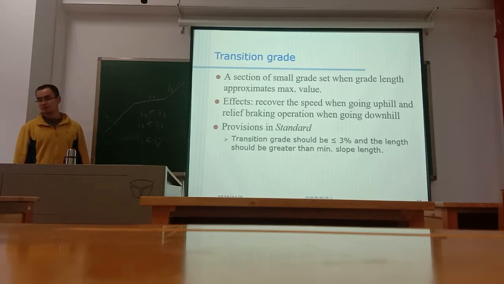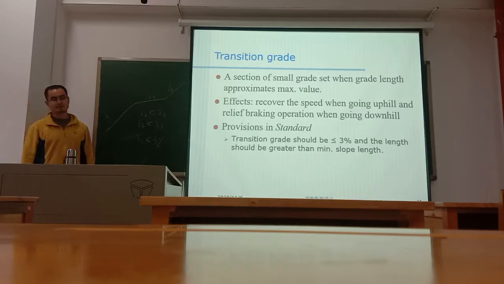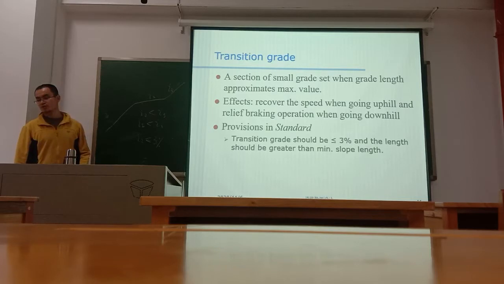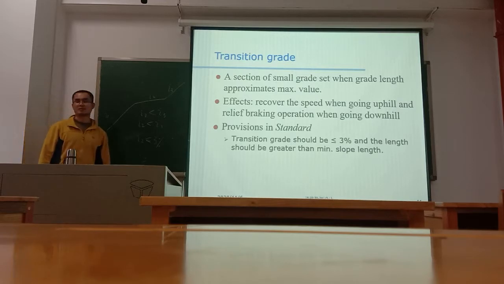Table 3.5 is for highway, the minimum slope length for highway. Table 3.6 is for every road.